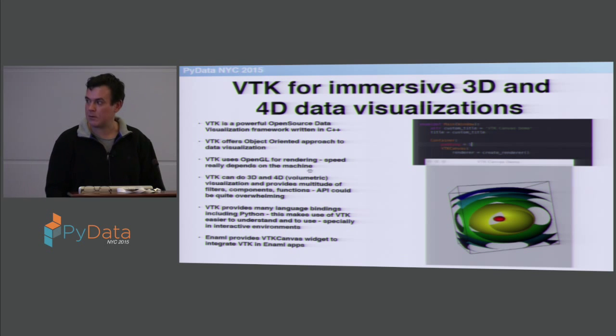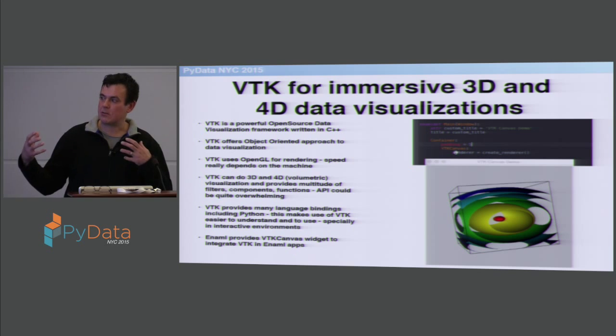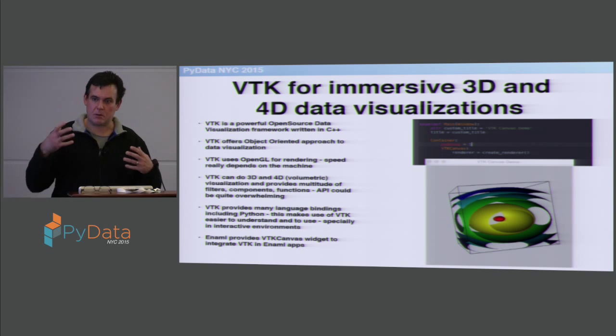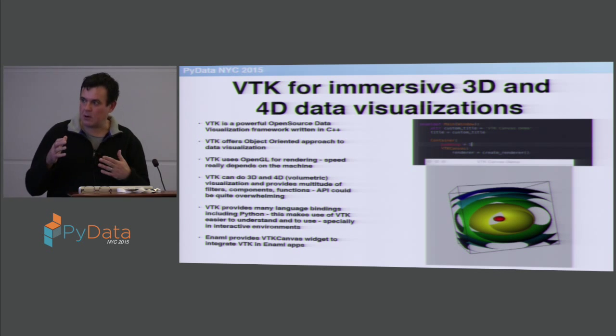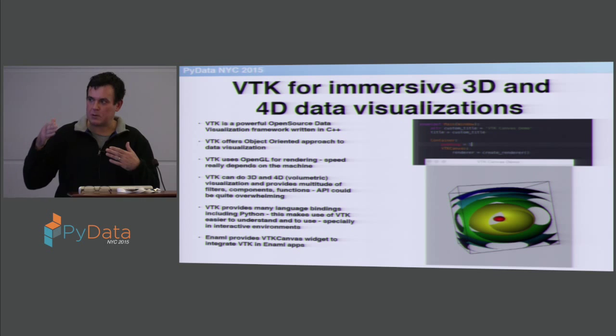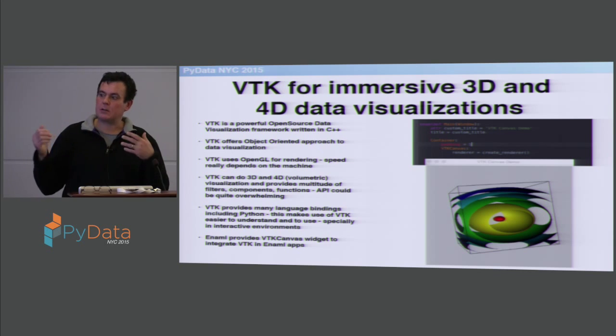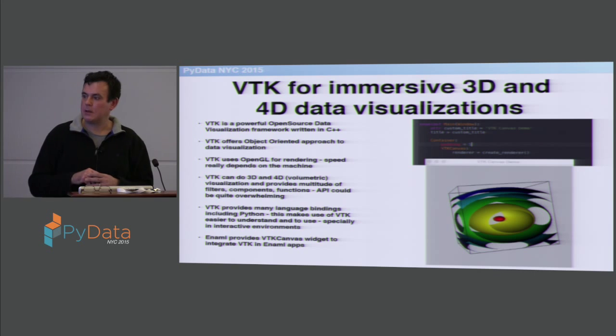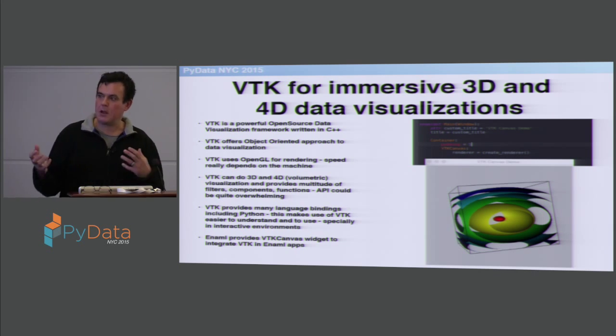So Enaml offers this VTK canvas widget that basically takes your rendering engine that contains your rendering objects. Well, I'll show you how this works. And you can then bind yourself through Enaml tool at any point of that visualization pipeline to kind of change that. So we have the VTK, we have a VTK widget, and everything.